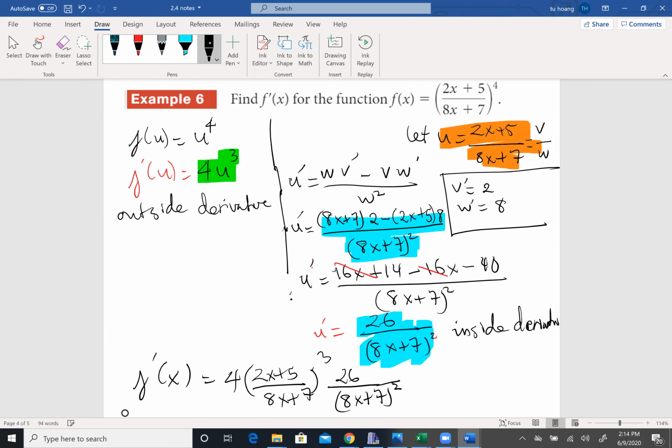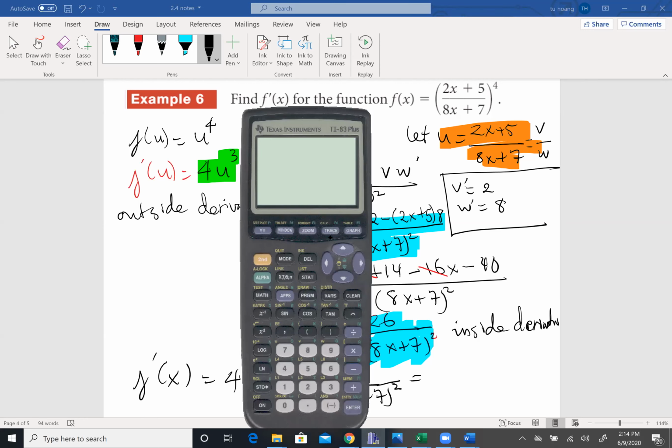Okay, if you want to combine this, you need to know that 26 multiplied by 4, what is that equal to? Should be 104.